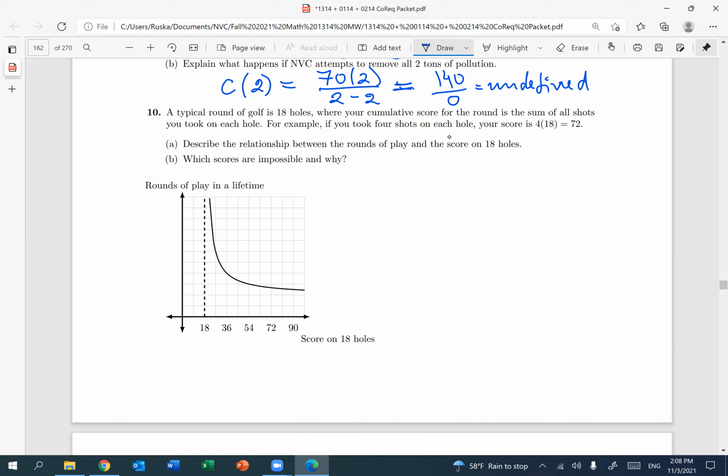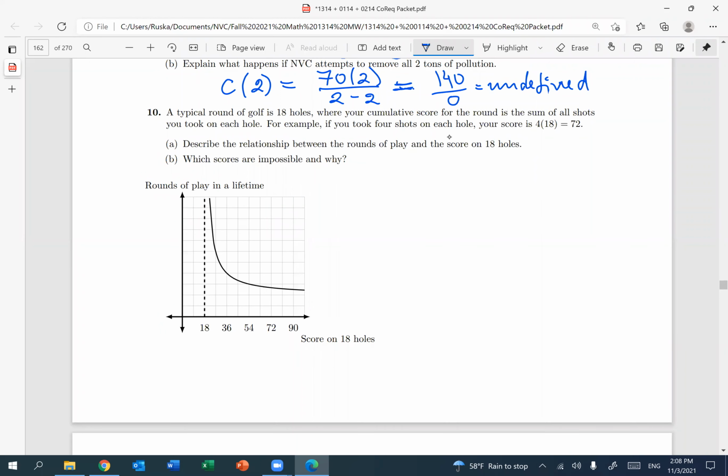Describe the relationship between the rounds of play and the score on 18 holes. The function is given here. So when the scores are going, x goes bigger.